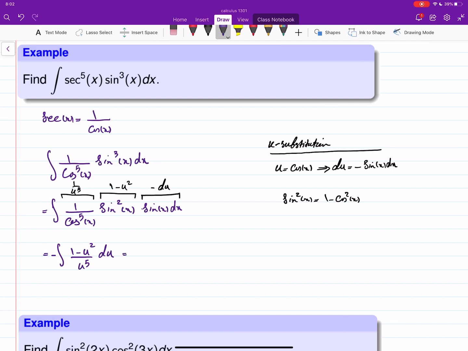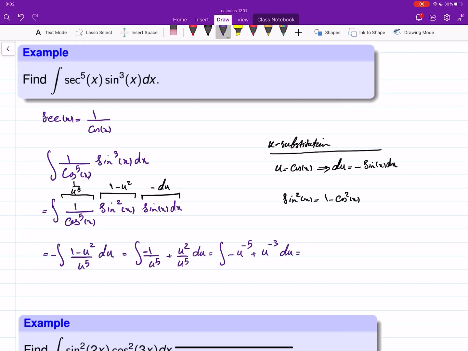This may seem a little bit strange, but you can separate the denominator there. Let me put this minus inside for each one separately: u squared over u to the power 5 du, and this is minus u to the power negative 5 plus u to the power negative 3 du.